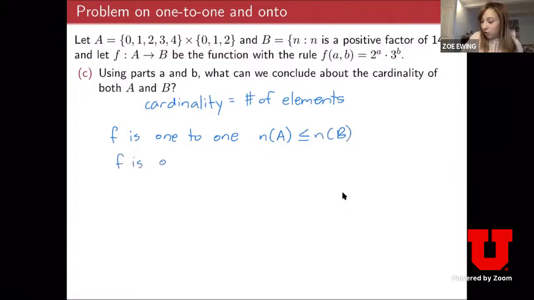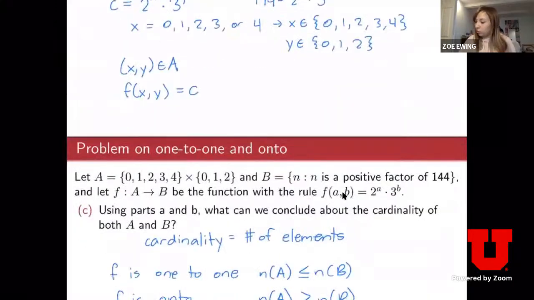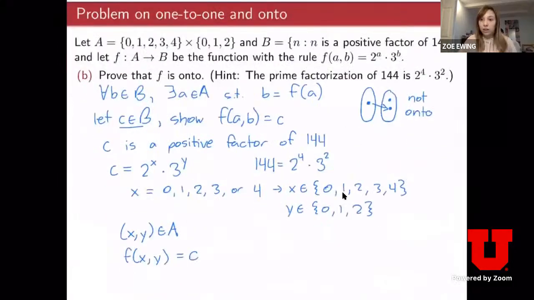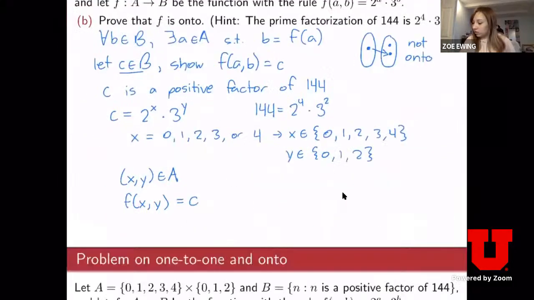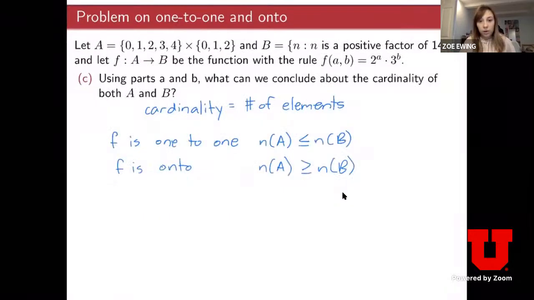And if F is onto, then the number of elements in A is greater than or equal to the number of elements in B. And we saw that with our examples too. For onto, we see that the number of elements in A is, wait, what? I think that might have been written wrong.